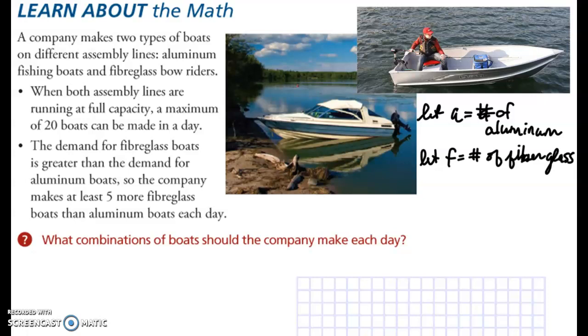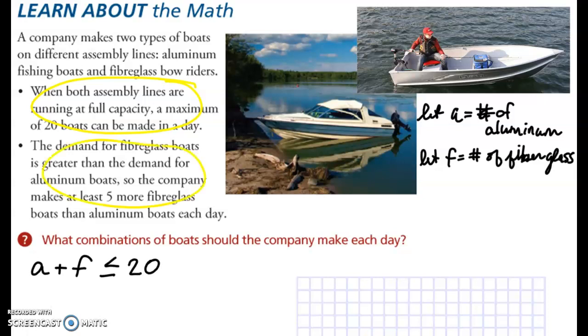Now, let's look at this first bullet and try to write an inequality from that first bullet. So it says maximum 20 boats can be made in one day. So we see that A, the number of aluminum, plus F, the number of fishing, have to be less than or equal to 20. Okay, the number of boats made.